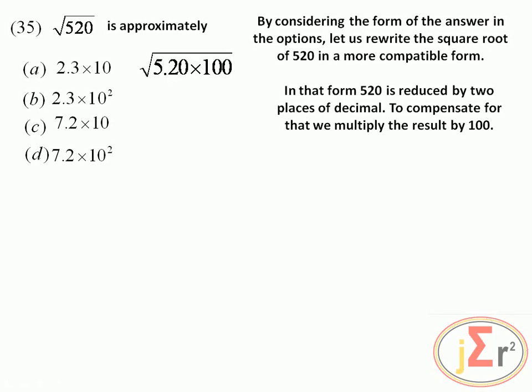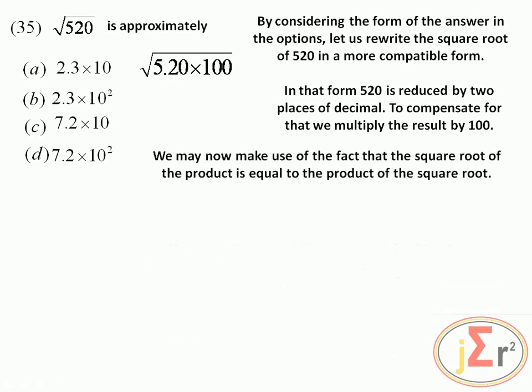And another name for standard form is scientific notation. We may now make use of the fact that the square root of the product is equal to the product of the square roots.